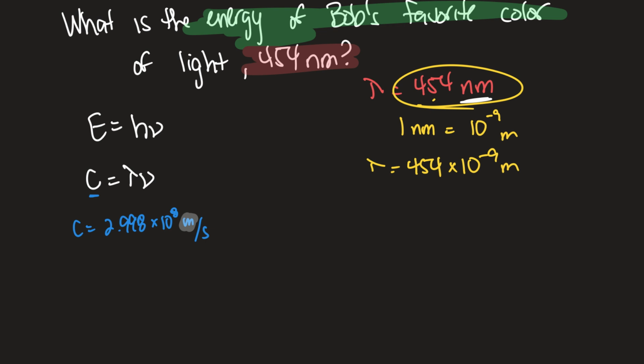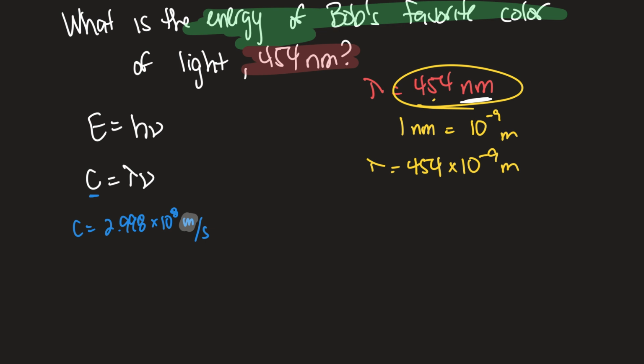We're going to use this equation, c equals wavelength times frequency, to figure out our frequency. Like I said, I like to rearrange my equations first.